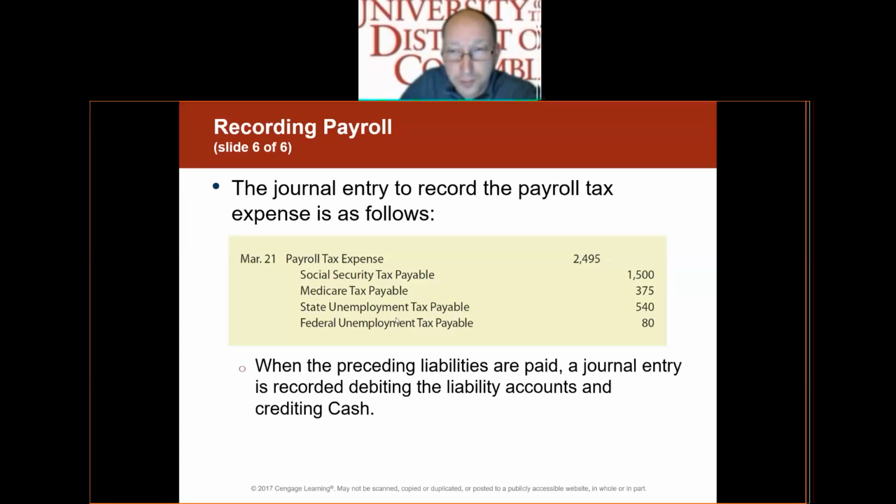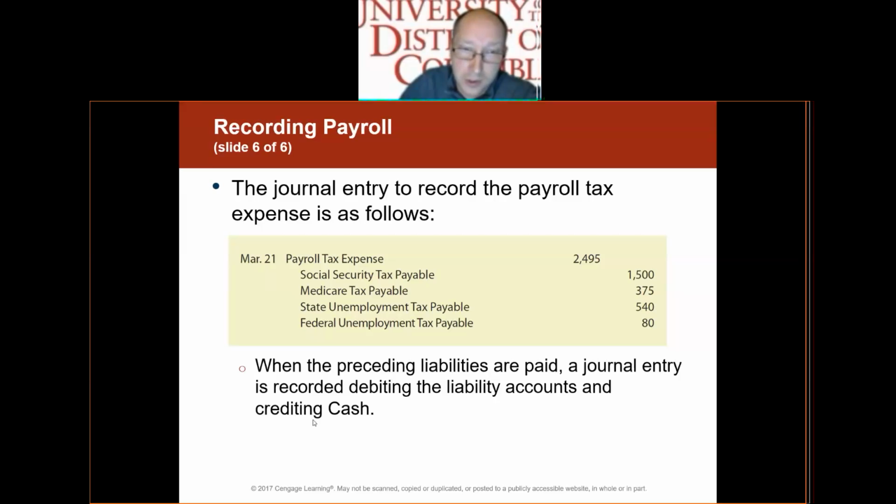And then, as you might expect, when we actually pay this, in the next 2 weeks at the end of March, so March 31st entry, we debit Social Security tax payable, Medicare tax, state unemployment, and federal unemployment.